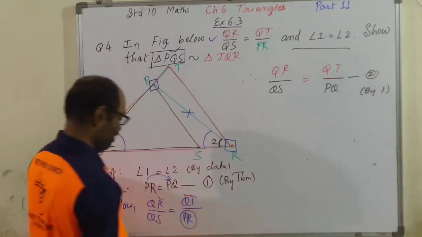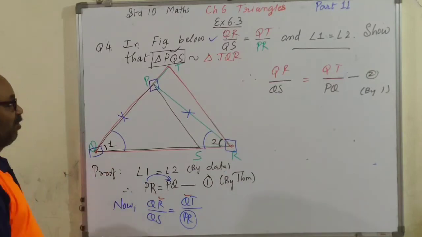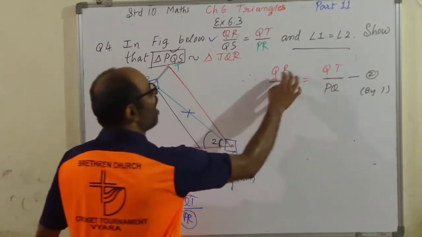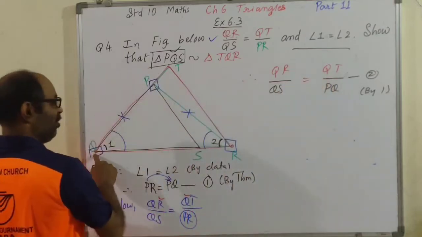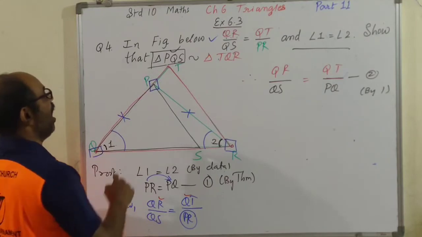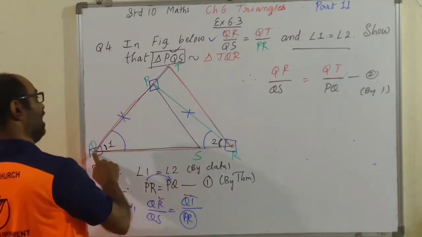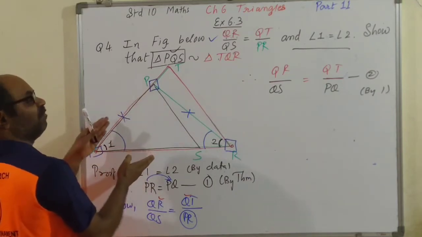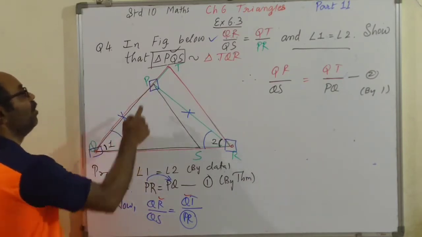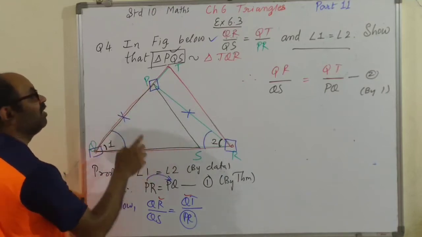In place of PR we wrote PQ. Now if you see QR and QT, they are the sides of red triangle. And QS and QP, they are the sides of black triangle. And PQ और PS के बीच angle PQS.